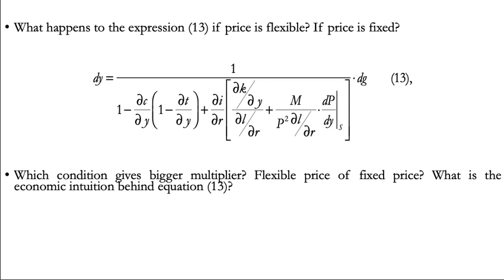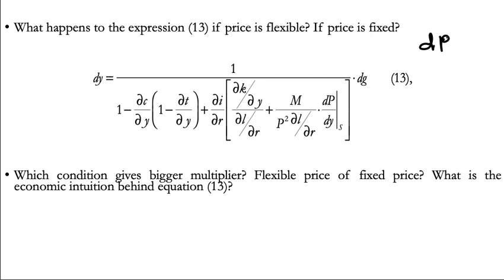Now, I bring expression 13 here, and what we need to do is look at 13. What happens if price is flexible? If price is flexible, then the fiscal multiplier will look like 13. But what happens if price is fixed? When price is fixed, that means there is no change in price.